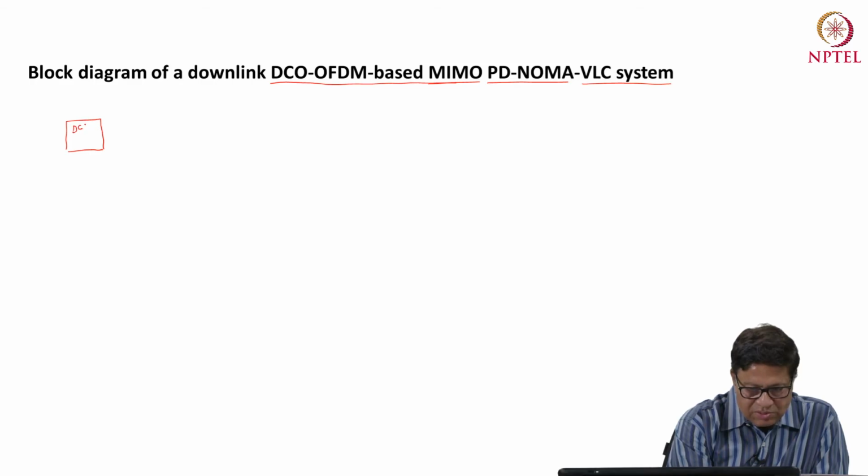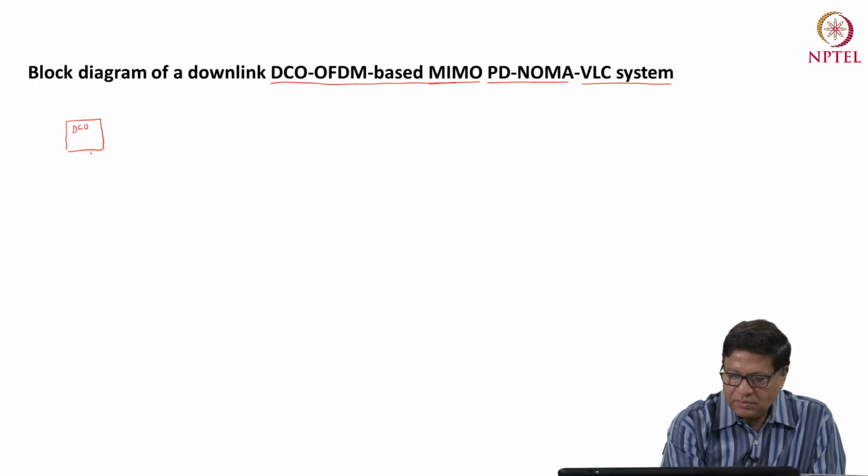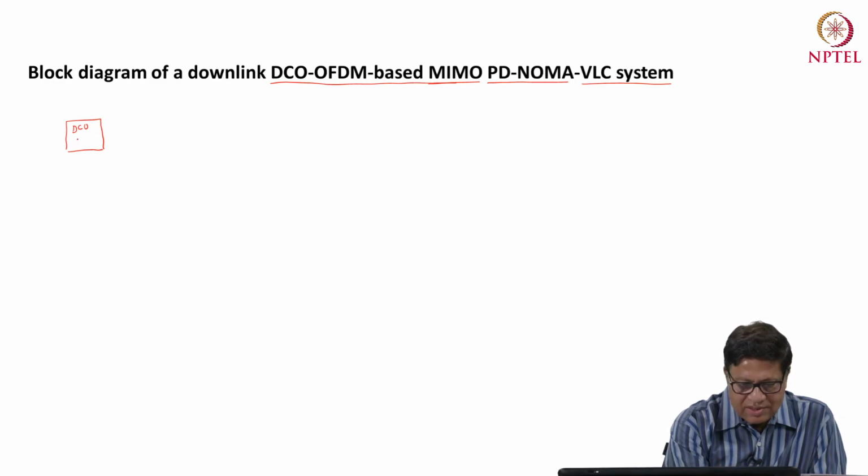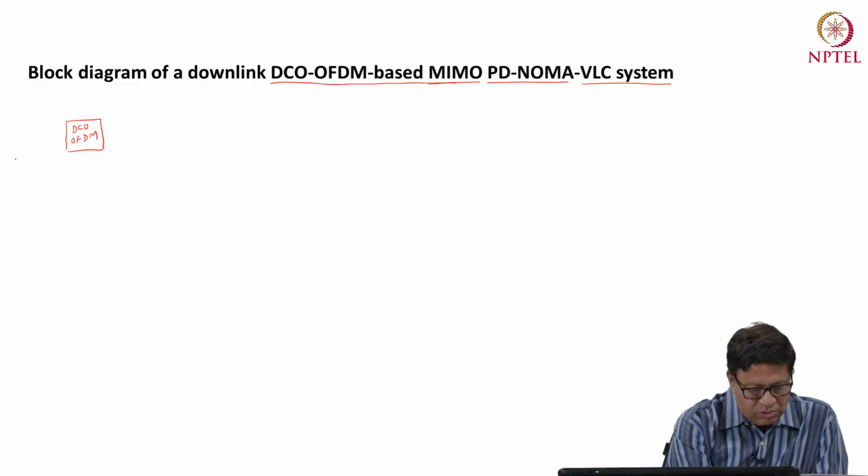So this is DCO-OFDM. I'm not drawing the internal details of DCO-OFDM that we have done in earlier classes. This is user 1 data, which is divided into 2 parts. This is the other part.